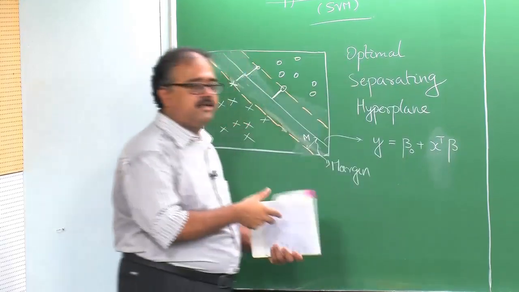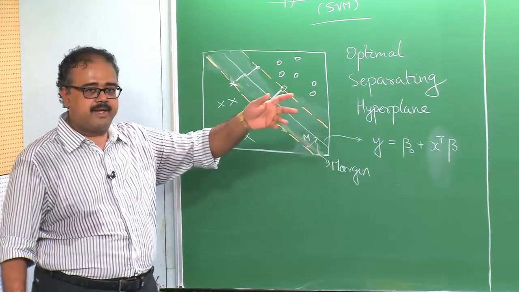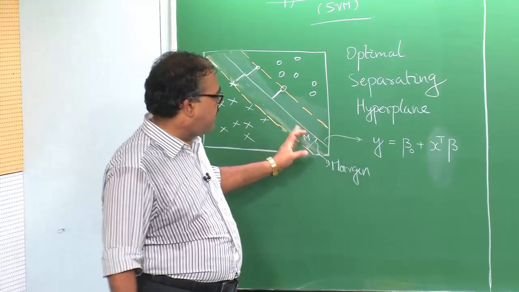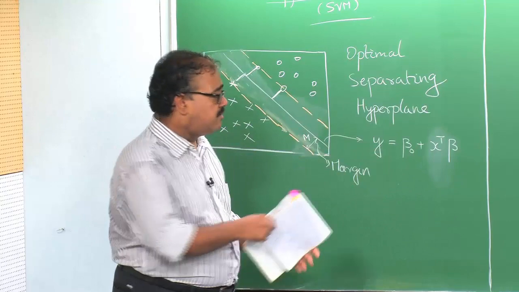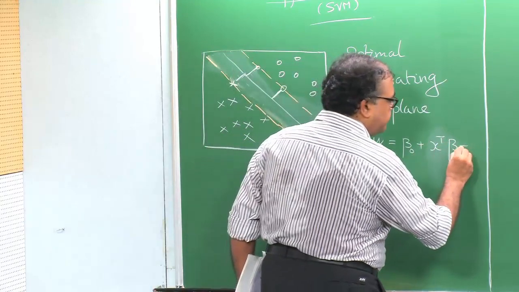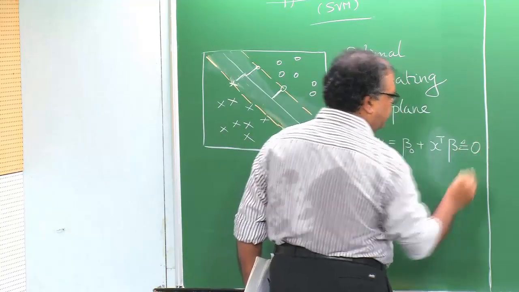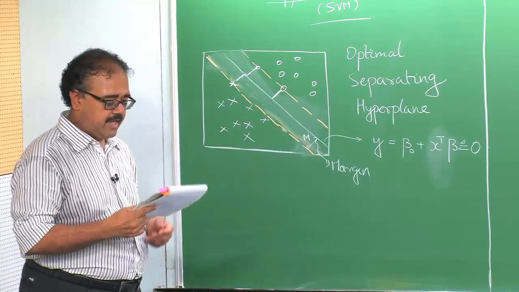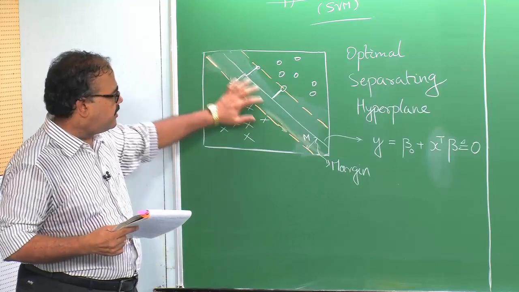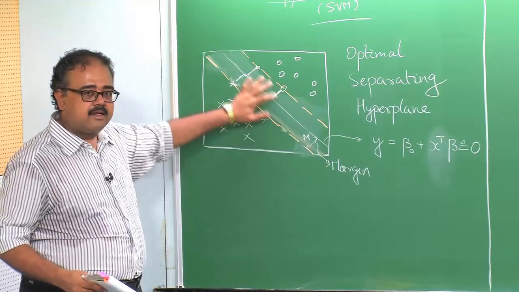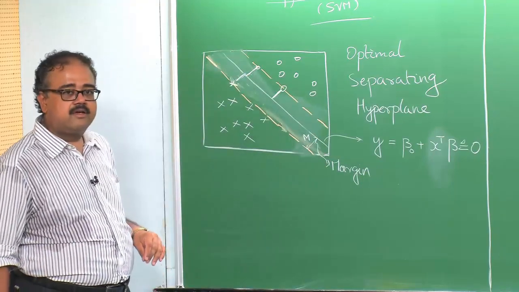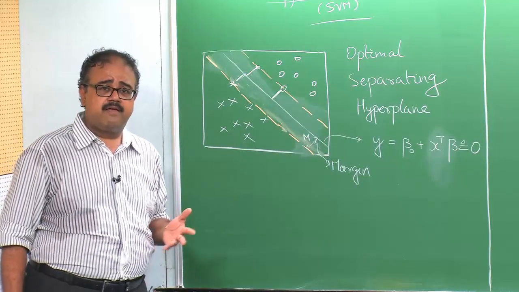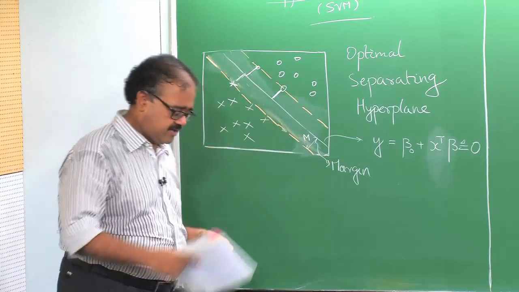For convenience sake, here I will write it as x transpose beta, since we are taking an inner product, that is fine. So, a line like this would essentially be obtained by setting beta naught plus x transpose beta equal to 0. All the data points on this line are those data points for which beta naught plus x transpose beta evaluates to 0. So, that is the equation of the line here.